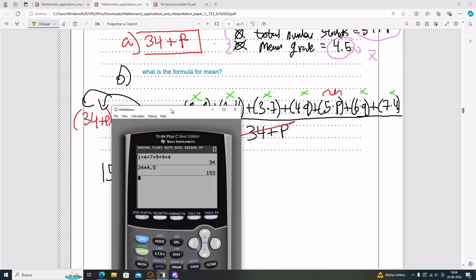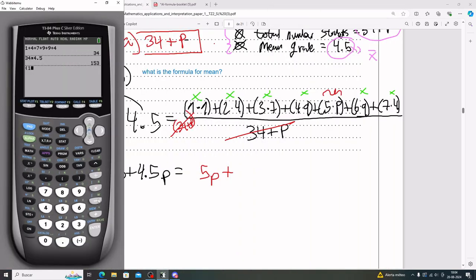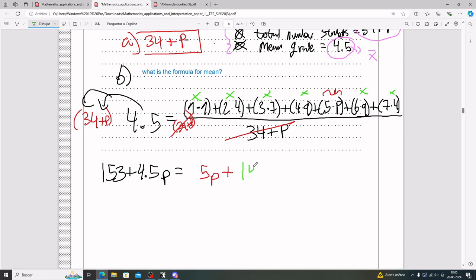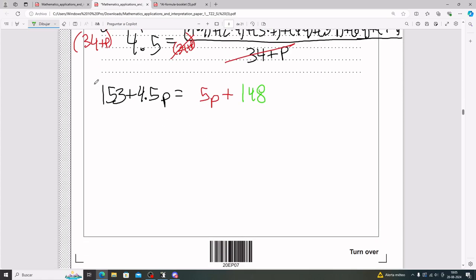So putting all those guys in green, I end up with 1 times 1 plus 2 times 4 plus 3 times 7 plus 4 times 9 plus 6 times 9 plus 7 times 4. Let me double check. Looks okay. Boom. So 5p plus 148.